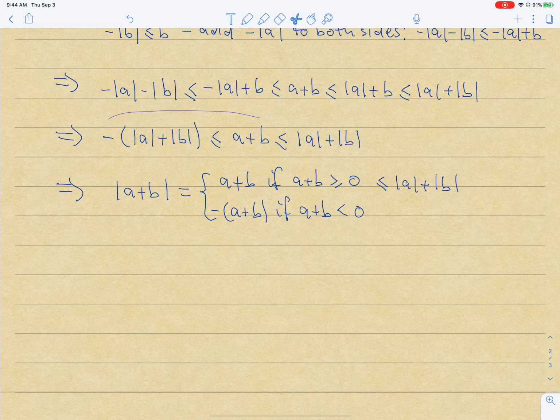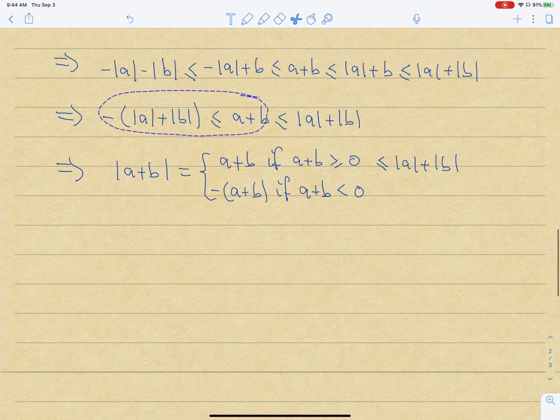Well, so we'll look at the first inequality here. It says that minus absolute value of A plus absolute value of B is less than A plus B, but I can as well multiply both sides of this inequality by minus 1.